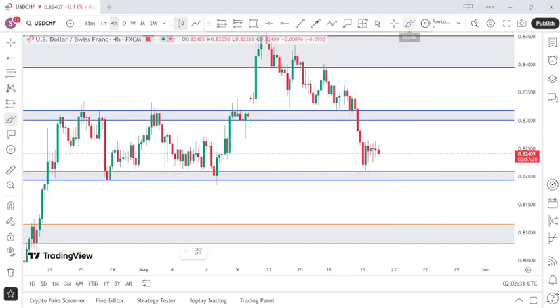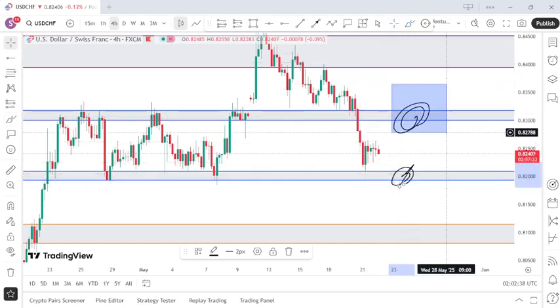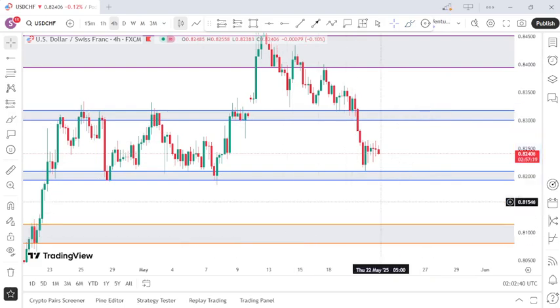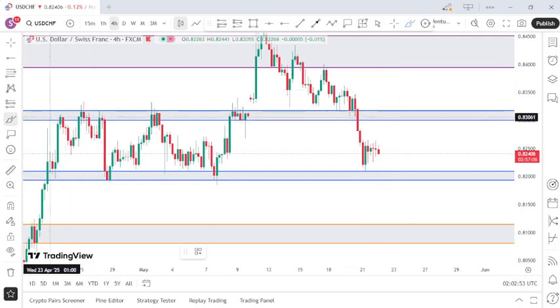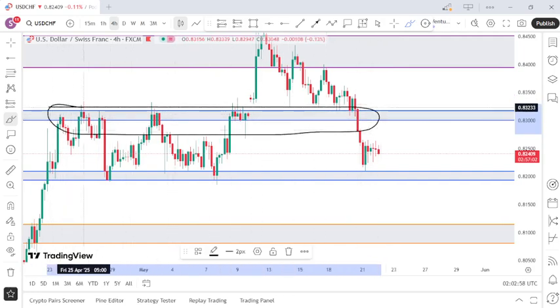On the 4 hour, I have my 4 hour upper zone here, my 4 hour lower zone here. Since we know we are looking for a selling opportunity, we are going to be looking for a selling opportunity on the 4 hour. Why we haven't picked an entry on USDCHF yet is because I was waiting for price to break out of this support zone, a resistance made support that now becomes a resistance again.